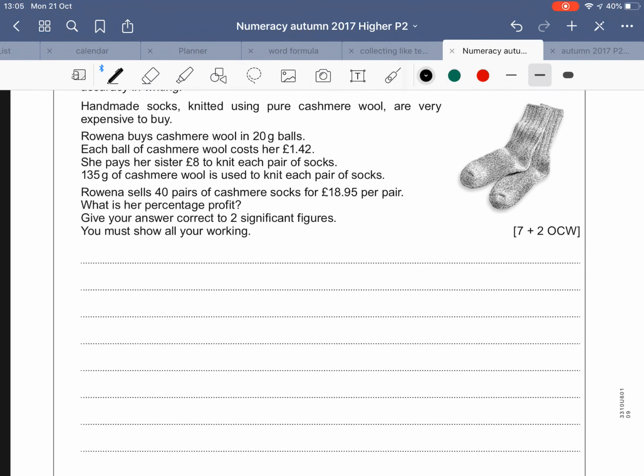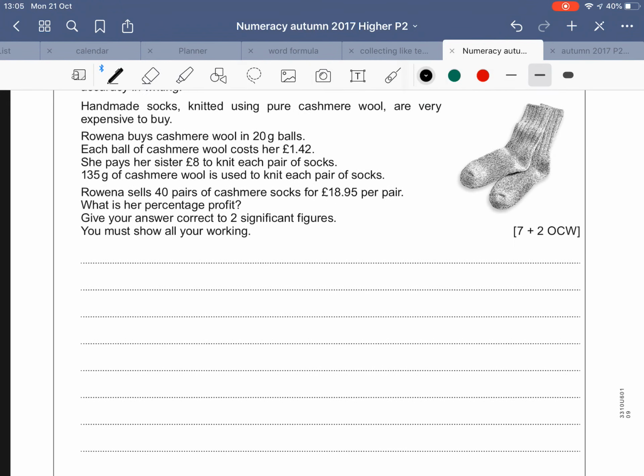So wool required. If each one needs 135 grams and she sells 40, we're assuming she's only made 40, that's 5,400 grams needed. So therefore the number of balls required: if they are sold in 20 grams, then we divide that by 20 and we get 270 balls.